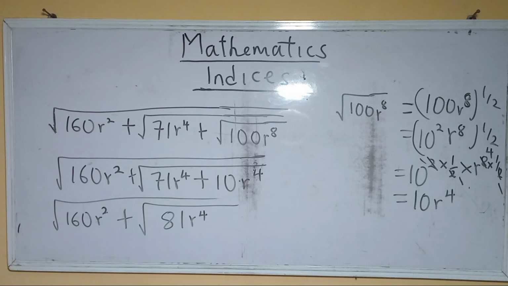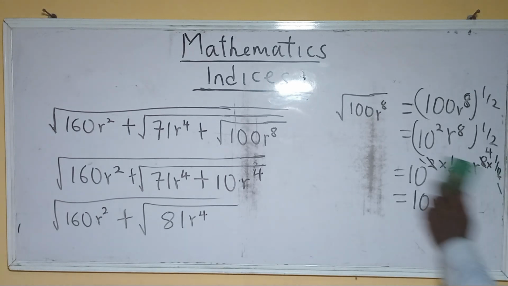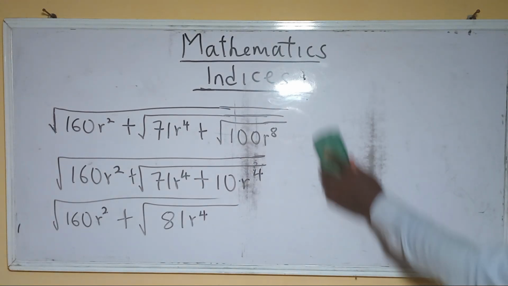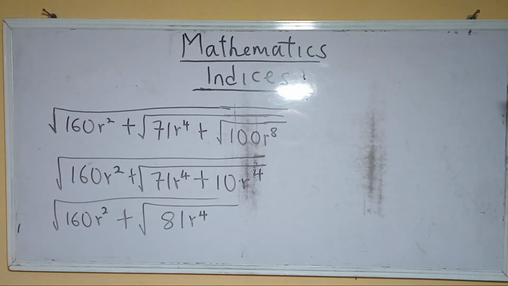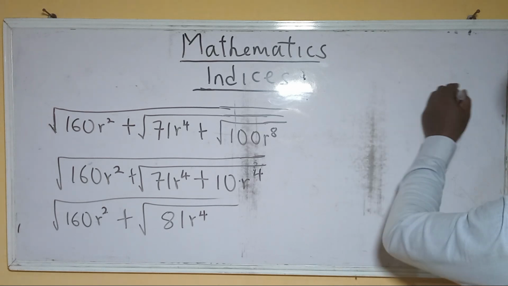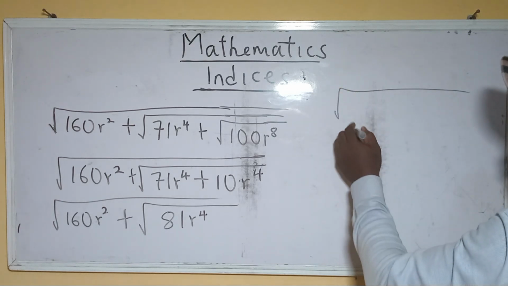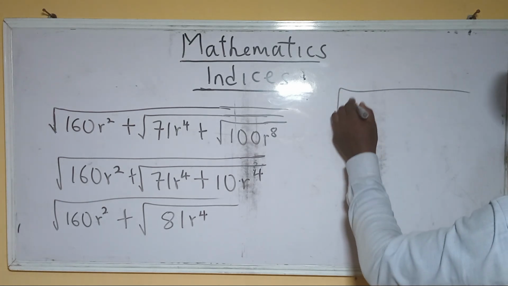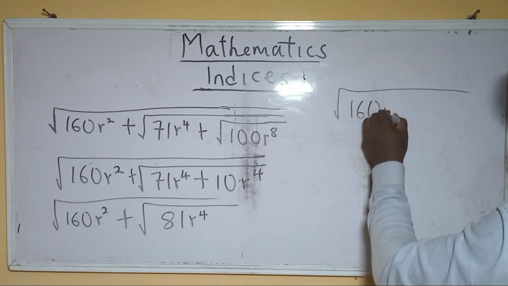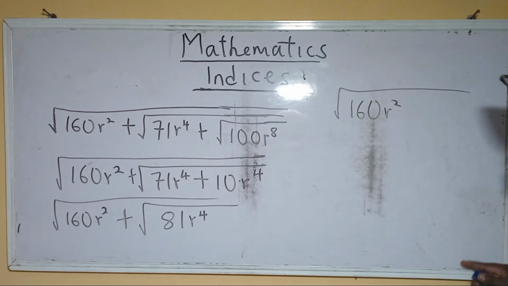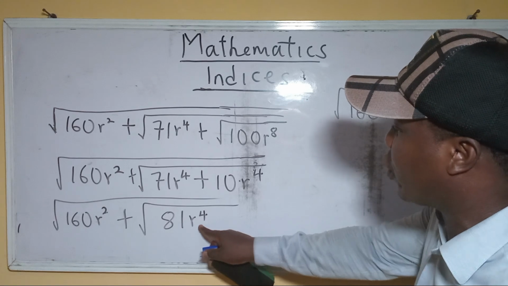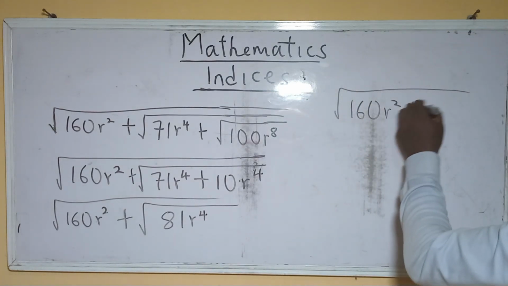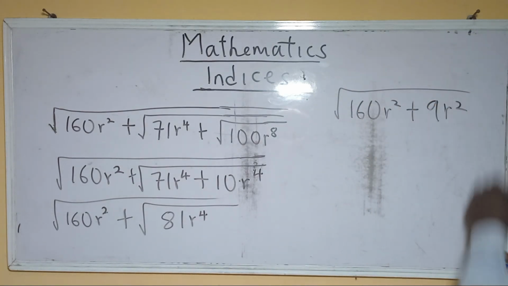Then, what's the square root of 81? Square root of 81, let me clean this. Square root of 81 will give us 9. So since it's 9, I have 160 r squared. Now remember, you take the square root of this one too. It will give us plus 9r squared.